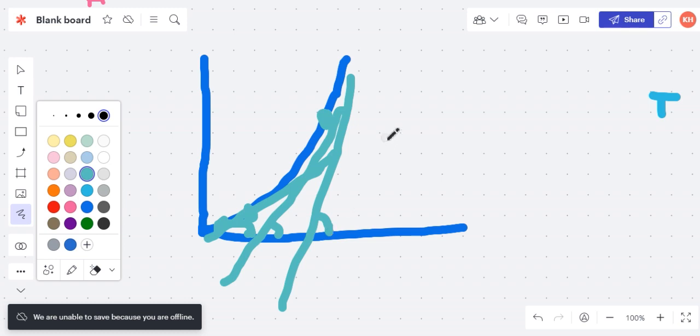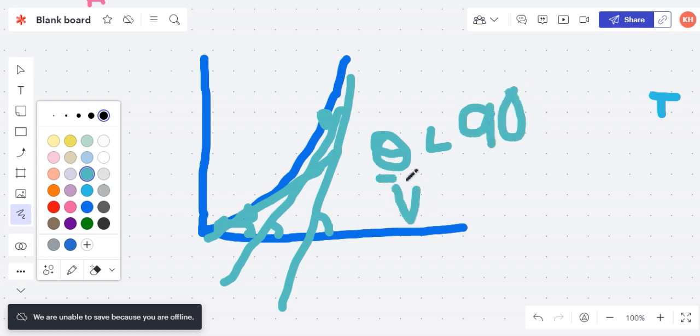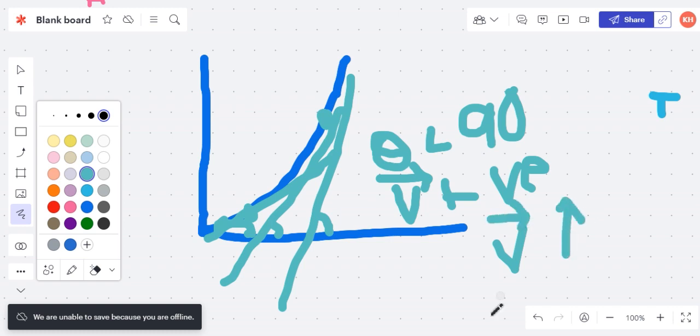So you can see here the angle theta is less than 90. If theta is less than 90, what does it mean? It means that your velocity is positive. You can see here theta is not constant, it is increasing with the passage of time. So if velocity is positive and increasing, it's pretty obvious your acceleration is increasing as well.